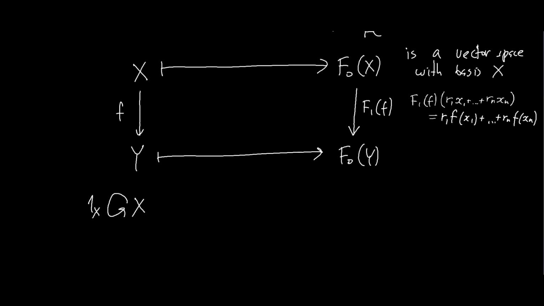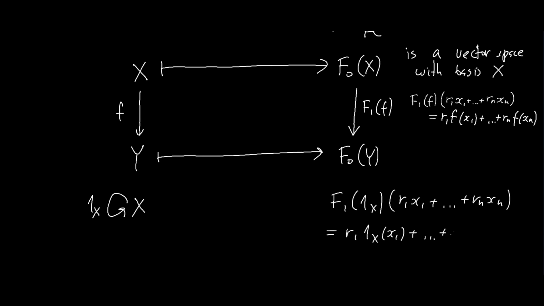is the identity function. And if I expand this formula, simplify this formula rather, for the identity map, I will of course get that the value of F1 of identity at this linear combination is r1 times the identity map applied to each of the basis vectors.